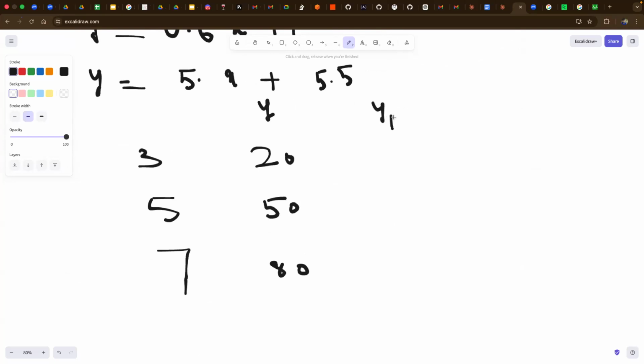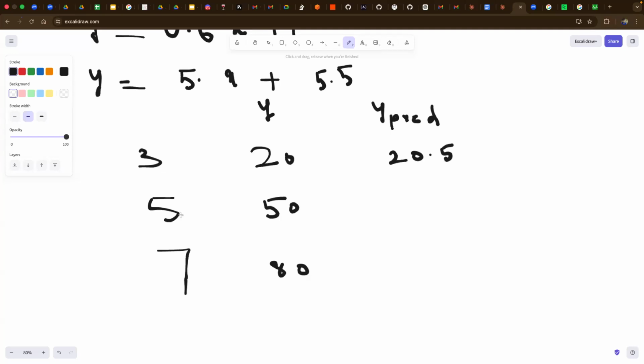And what would be the prediction? So X is 3, 5 into 3, 15. 15 plus 5.5, it is 20.5.